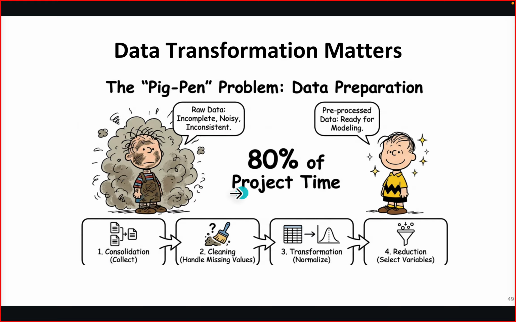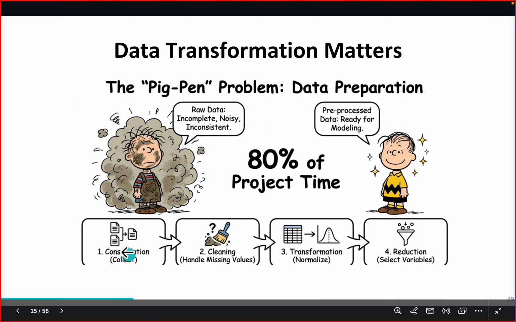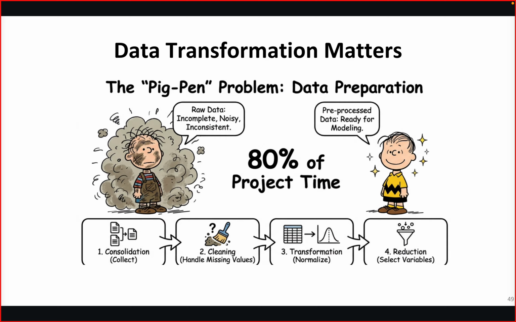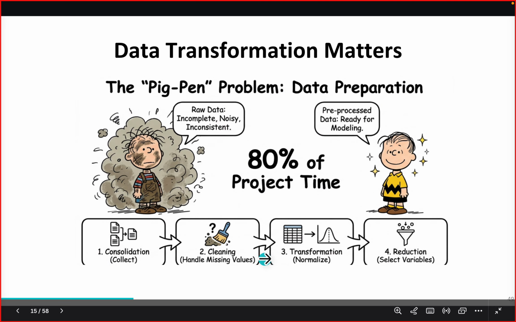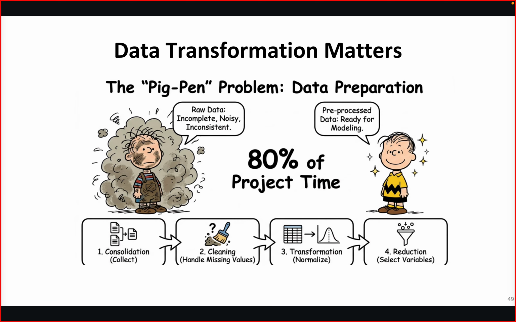Okay. Just like we show here, we consolidate, collect all the data, relate data together, clean data, handle missing values, transform, or even normalize it. Have I mentioned normalize before? The third step, transformation, covers different kinds of tasks, but one task is called normalize.